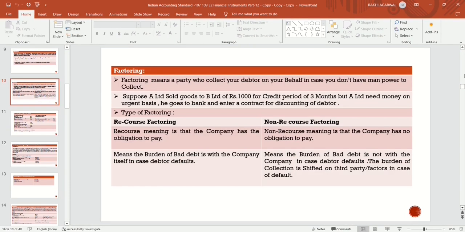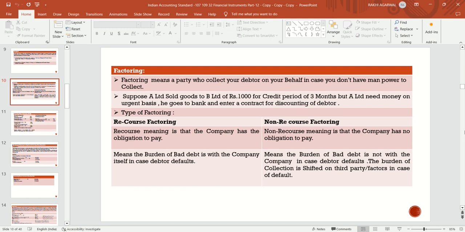Factoring means a party who collects your debtor on your behalf, in case you do not have the manpower to collect. Suppose A Limited had sold goods to B Limited for rupees 1,000 for a credit period of 3 months. But A needs money on an urgent basis. So he goes to the bank and enters a contract for discounting of a debtor. He receives rupees 900 out of 1,000, and 100 is given to the bank as bill discounting charges.